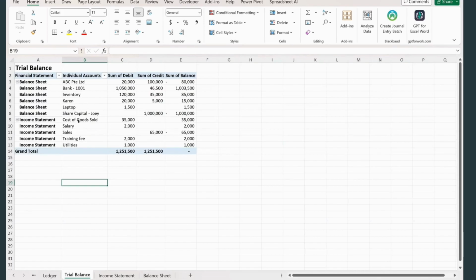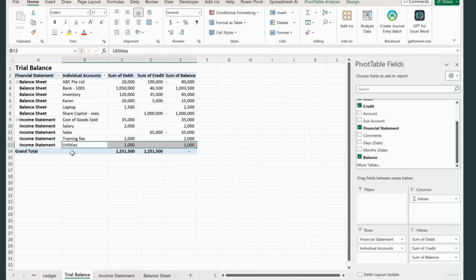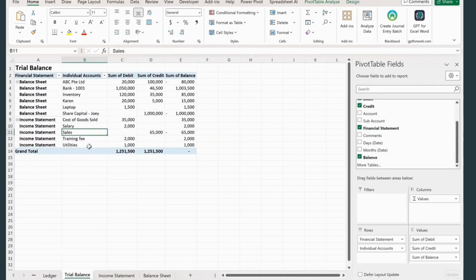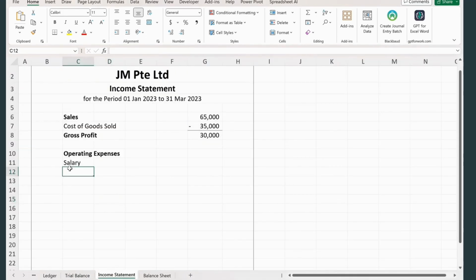Writing expenses. So for expense account, we have salary, training fee, and utility. So we copy this one to paste to this income statement.